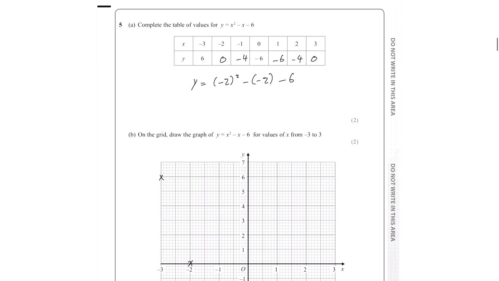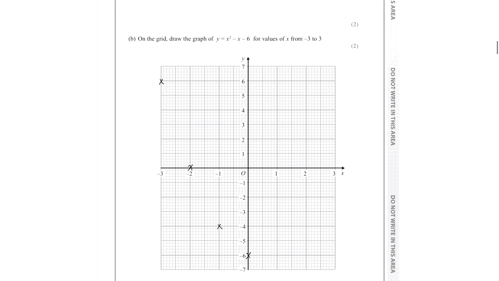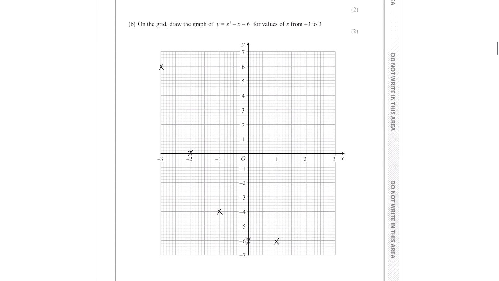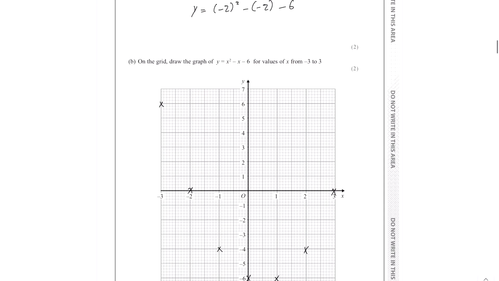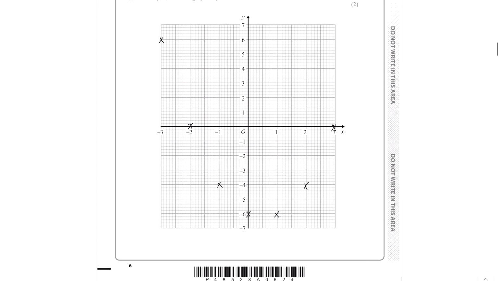That is going to be there. And then we have 1, -6. And then we have 2, -4. And then we have 3, 0, that is going to be there. So you end up with something like this, and you'll use a pencil to draw a line through that, and that will look something like that.